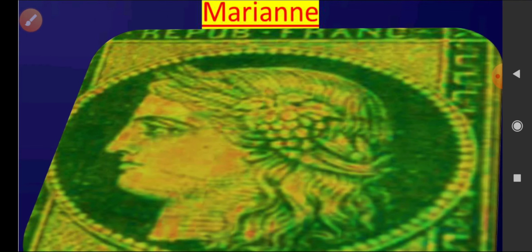Next, on the next slide, you might see this picture of Marianne. It is also given in your chapter. One postage stamp is shown here, a postage stamp of 1850 with the figure of Marianne representing the Republic of France.